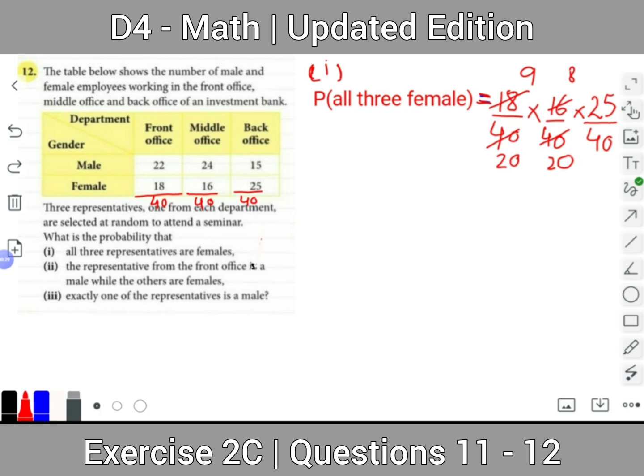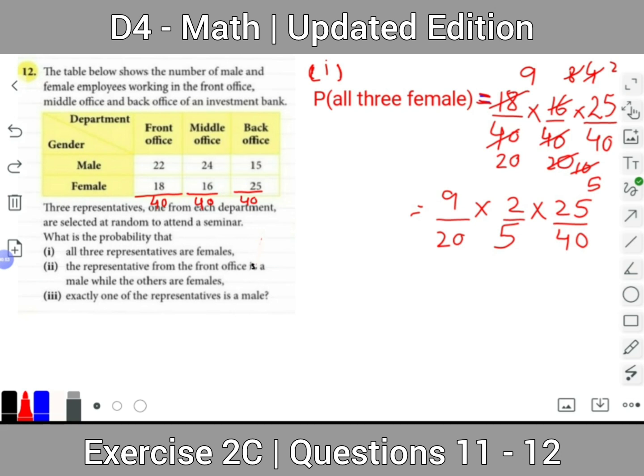Now we have further simplification. 2 fours are 8 and 2 tens are 20, and further simplification gives us 2 twos are 4 and 2 fives are 10. So now we have 9 over 20 multiplied by 2 over 5 multiplied by 25 over 40.